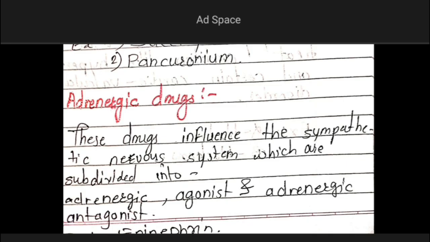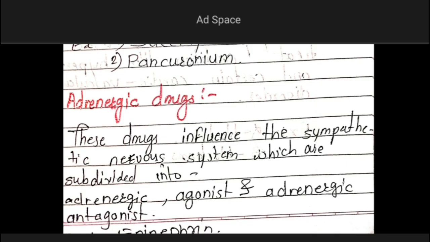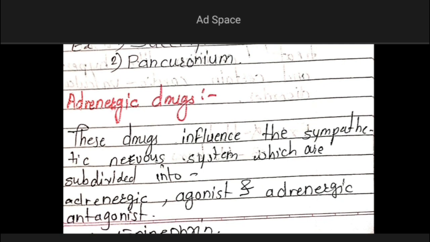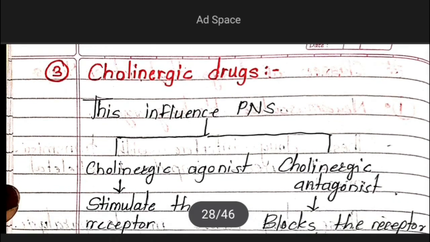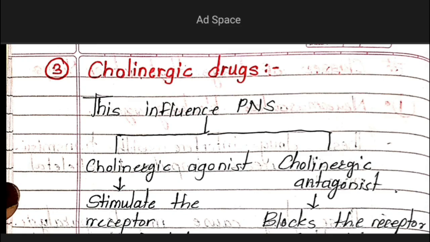Adrenergic drugs. These drugs influence the sympathetic nervous system, and are subdivided into adrenergic agonists and adrenergic antagonists. For example, epinephrine. Cholinergic drugs.